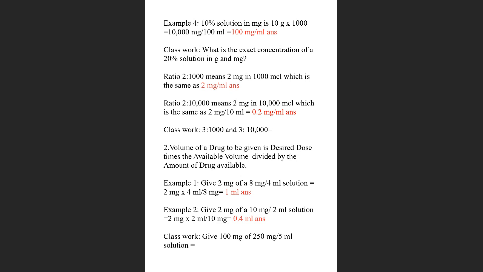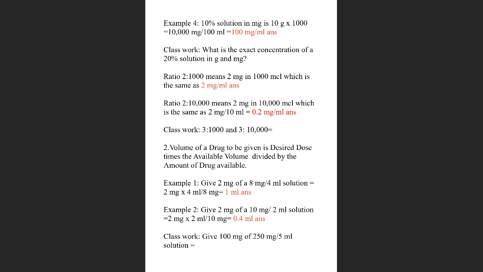All right, now let's move on to formula number 2. Now, you may be required to draw up a medication from a vial or an ampule, and you need to be able to work out how much fluid will represent the dosage.